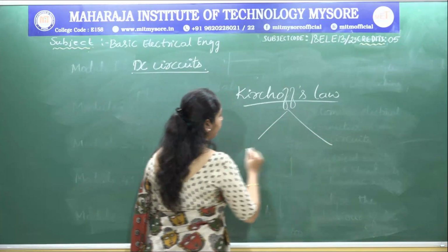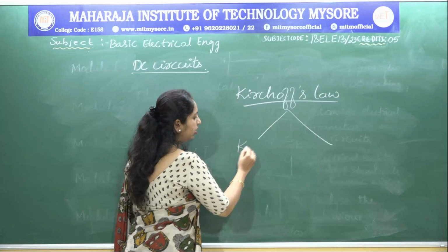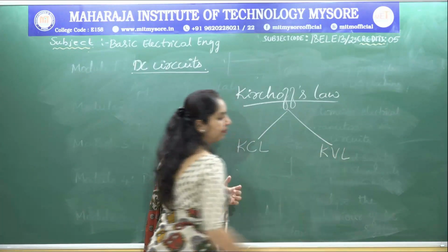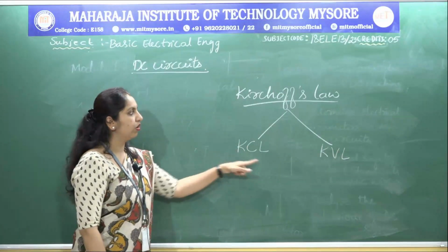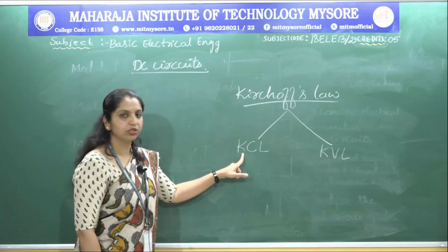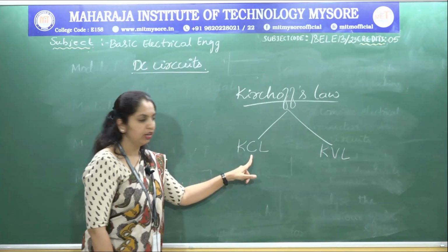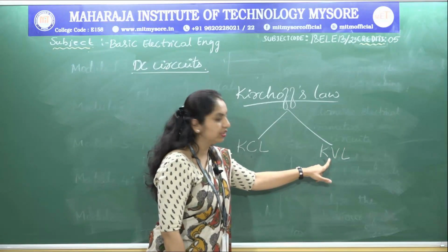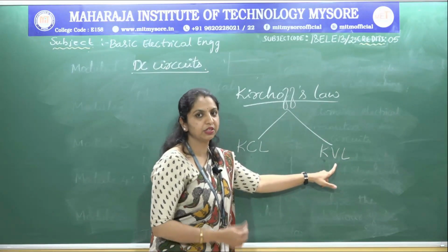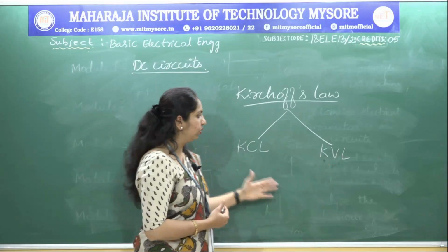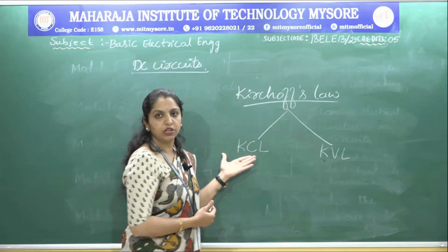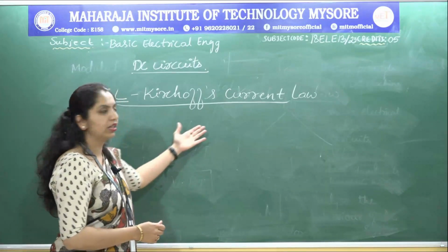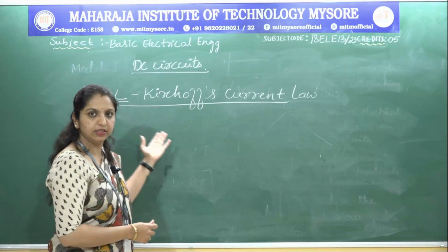One is Kirchhoff's current law, KCL, where C stands for current, and the other is Kirchhoff's voltage law, KVL, where V stands for voltage. Now let me introduce Kirchhoff's current law, which we call KCL.